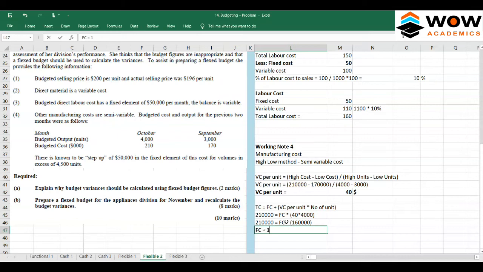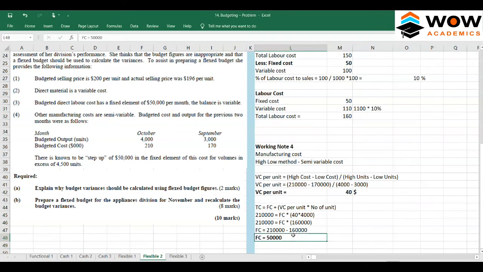So 2,10,000 minus 1,60,000. So fixed cost is 50,000.